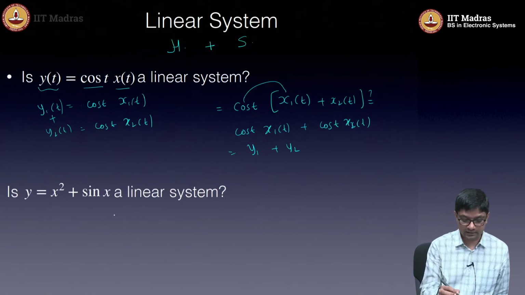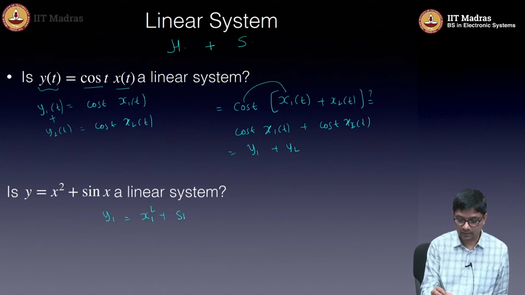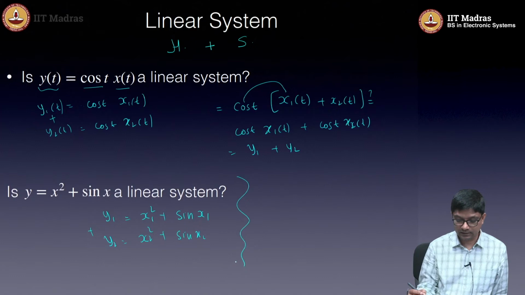Similarly, you can just check: is y equal to x square plus sin x linear? I do the same recipe. y1 is x1 square plus sin of x1, y2 is x2 square plus sin of x2. I add y1 plus y2. Instead, I give both inputs together. I have x1 plus x2 as my input. The first term is x1 plus x2 whole square, and the second term is a sinusoidal term with the total input.